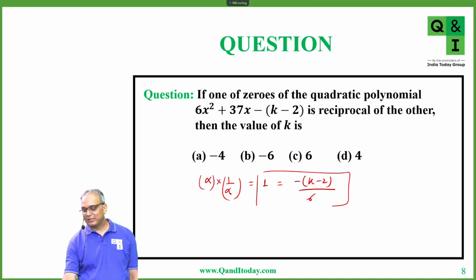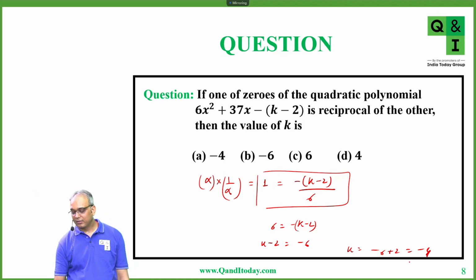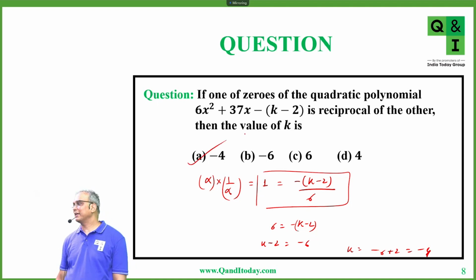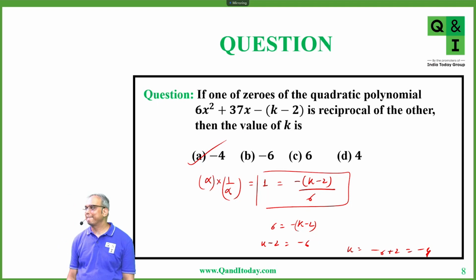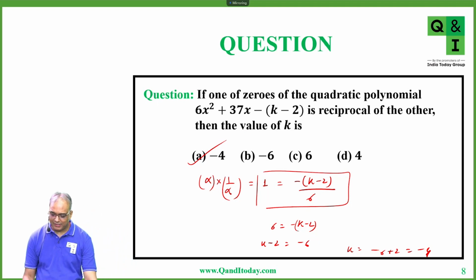Now solve this equation. So 6 is equal to negative of (k minus 2), or k minus 2 is negative 6, or k is equal to negative 6 plus 2, that is negative 4, right? So option A is the correct option. Is it clear to everyone?